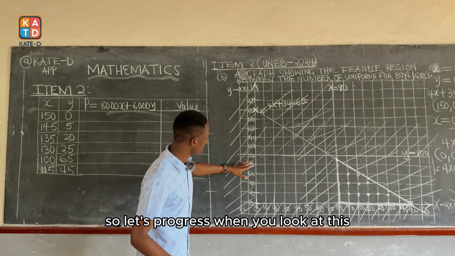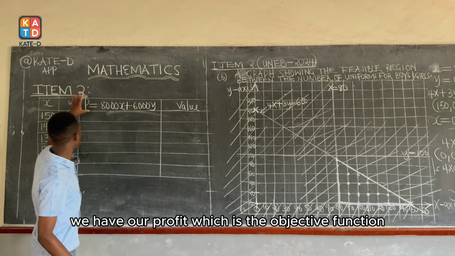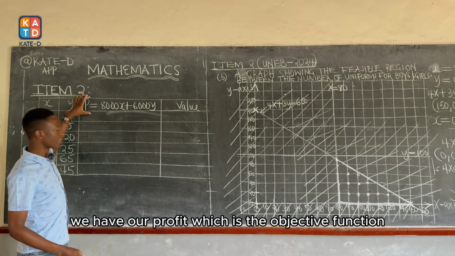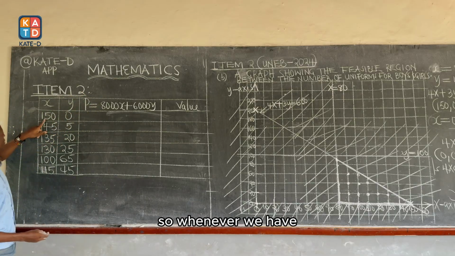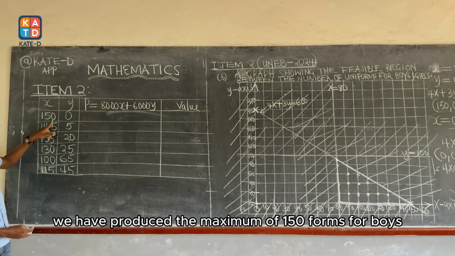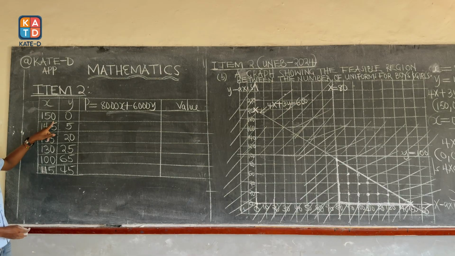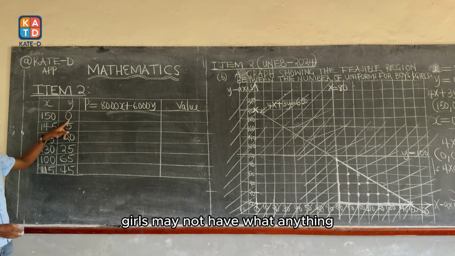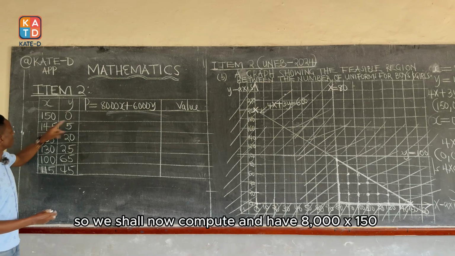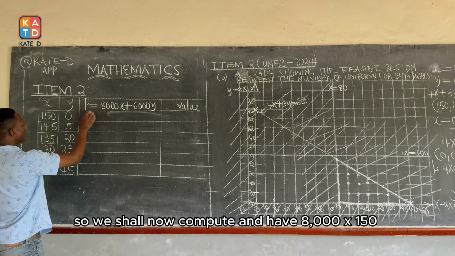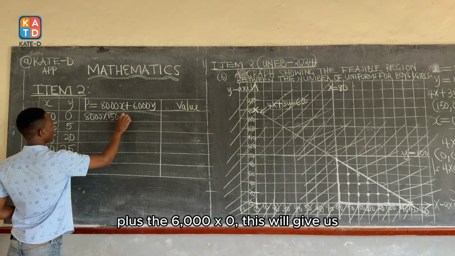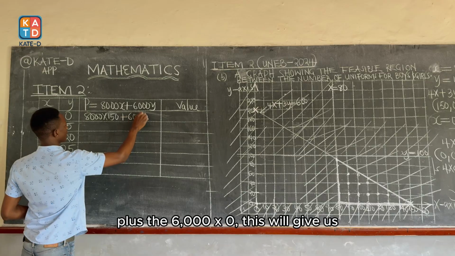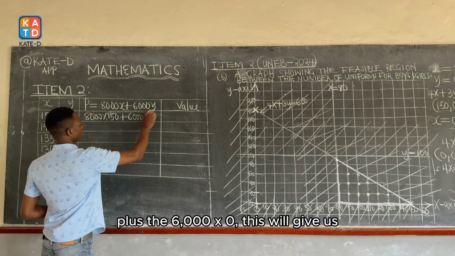So let's progress. When we look at this, we have our profit, which is the objective function. This objective function, we are going to substitute the value. So whenever we have produced a maximum of 150 uniforms for boys, girls may not have anything. So we shall now compute and have 8,000 times 150 plus the 6,000 times 0.